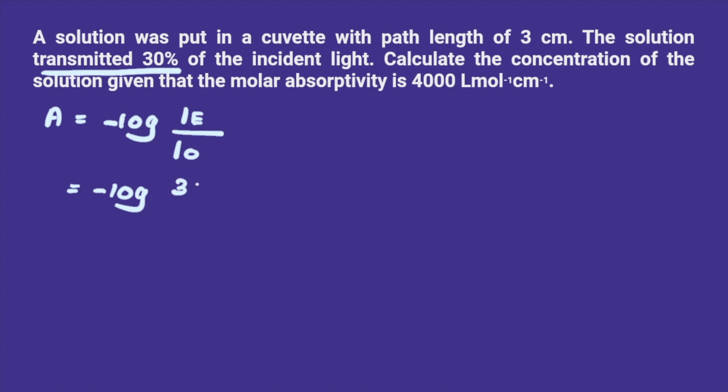So you can write 30. And then initially it should be 100%, right? Because it's the amount of light that is being transmitted to bombard the sample. Therefore, you should get your absorbance is equivalent to 0.5229.